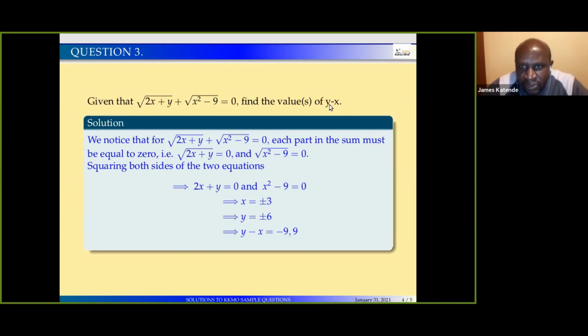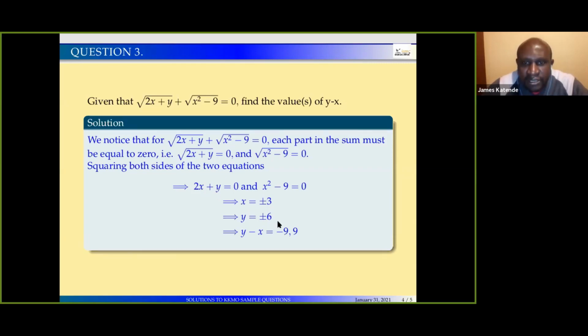And the question asks us to find y minus x. So y minus x would be 6 minus negative 3, which gives us positive 9. So when x is negative 3, then we have minus 6 plus y is equal to 0, so that y will be equal to 6. Did I make a mistake? When x is negative 3, y is positive 6, right?